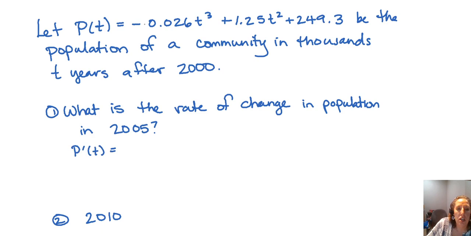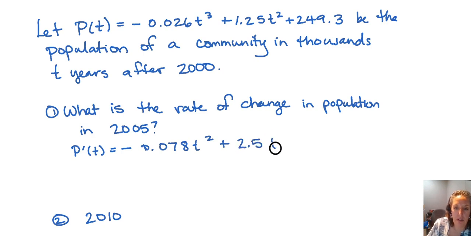So negative 0.026 t cubed, the derivative of that is going to be negative 0.078 t squared, plus 1.25 t squared, the derivative of that is going to be 2.5 t to the first, and then 249.3 is a constant, so our derivative is 0.